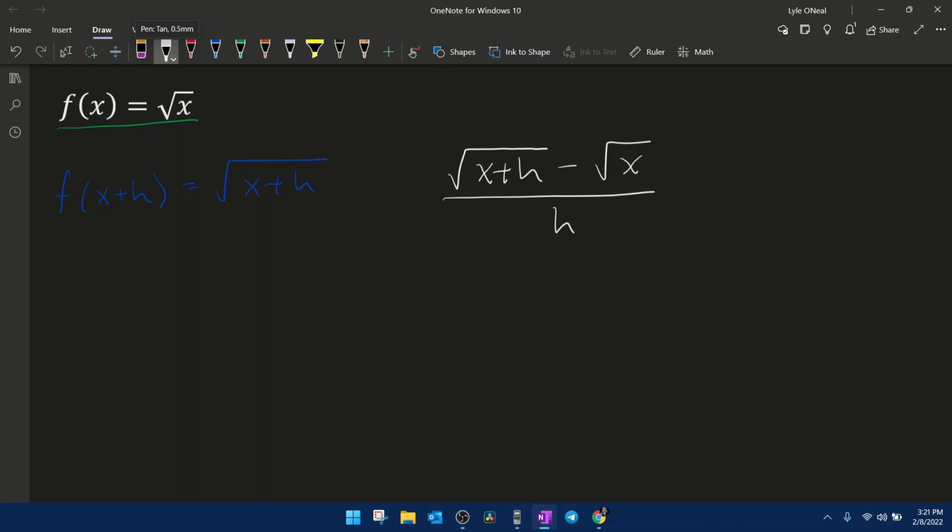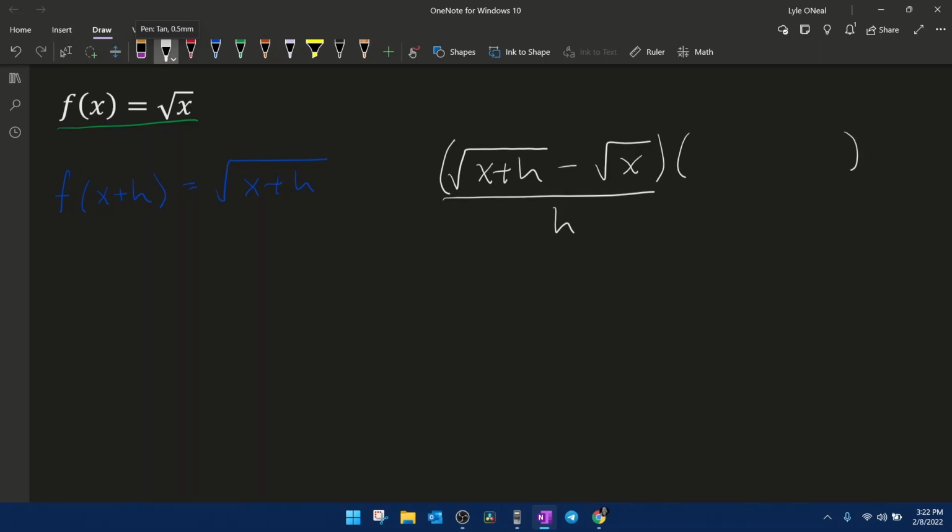But what I can do is I can rationalize the numerator. Now, this is not something that's done very often, but it is going to be a necessary procedure here in order to get the h in the denominator to reduce. So, how does that work? How do I rationalize the numerator?